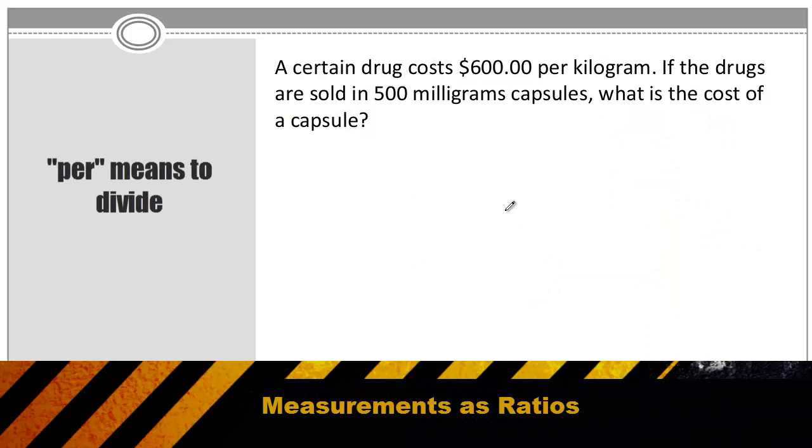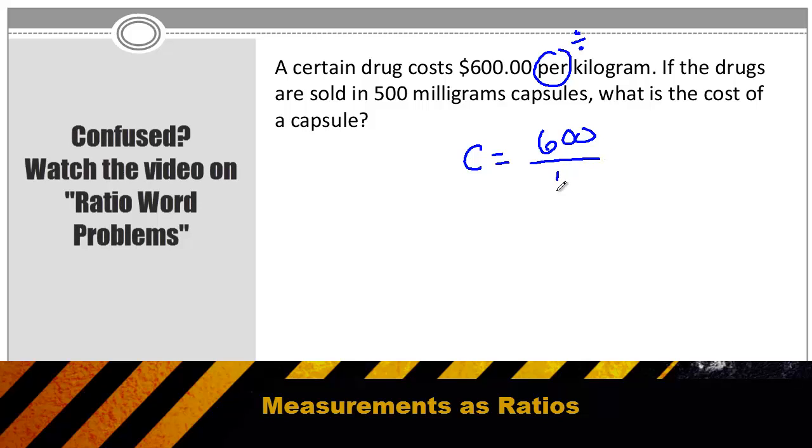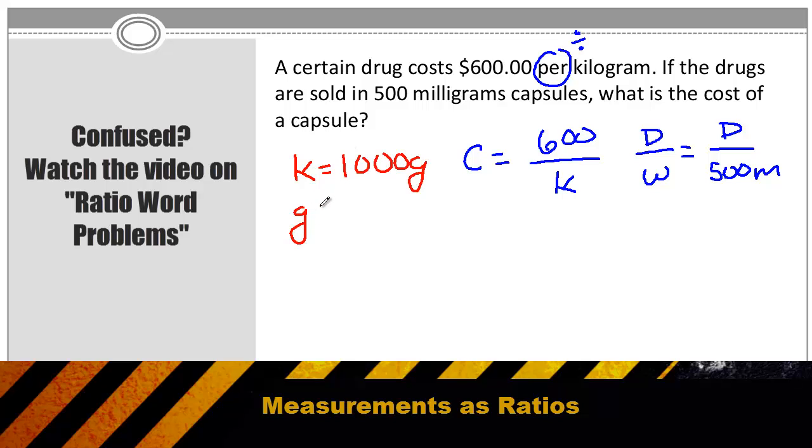In this problem here, I'm comparing the cost of two measurements of the same drug. If I remember that the word per simply means to divide, I could write the equation that the cost is equal to 600 divided by a kilogram. And so what I've done is I've set up this ratio of dollars over weight. And the question is asking me how many dollars is it going to cost for a weight of 500 milligrams. I should know that 1 kilogram is equal to 1,000 grams, and that 1 gram is equal to 1,000 milligrams.